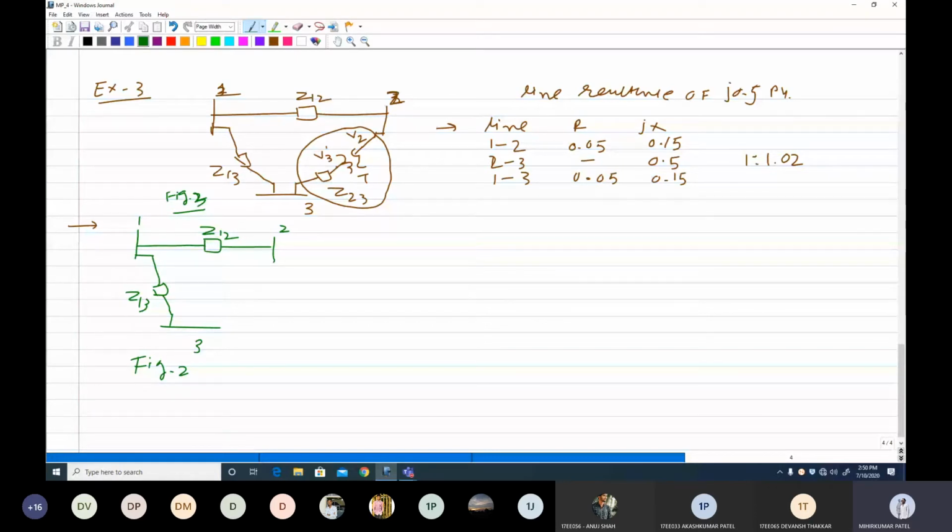So can anyone help me? First of all, our first step is to calculate Y12 and Y13. So how will we calculate Y12? Just recall the previous lecture where we calculated the example based on the simple method. Yes? 1/Z12. Yeah, very good. So Z12 is given.